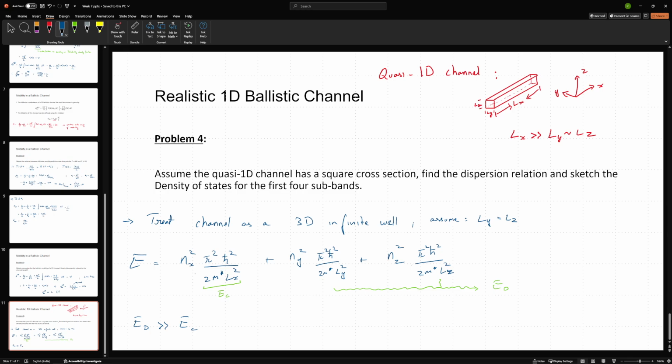Now, what we need to understand is delta E, essentially the difference between two neighboring discrete energy levels.